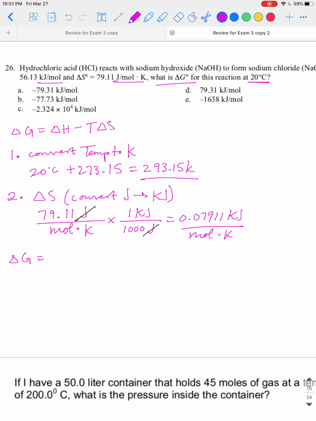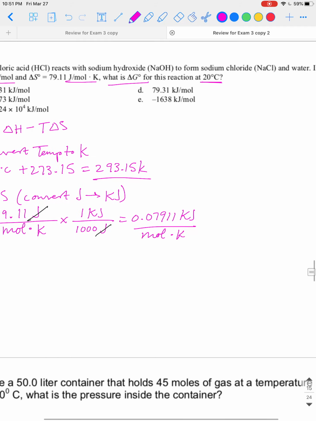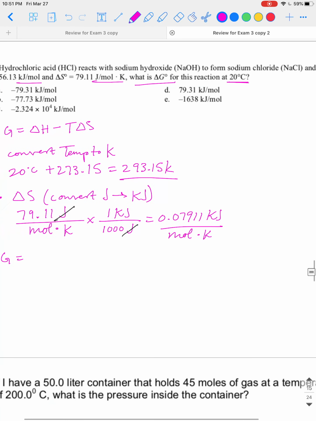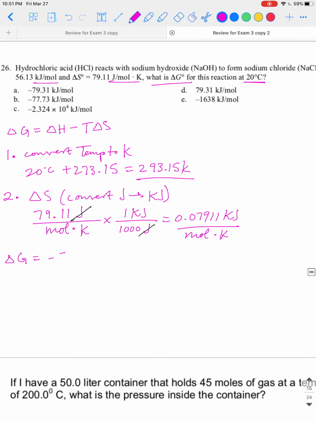So we come down here, we say delta G equals delta H, which is, don't forget there was a negative, so negative 56.13. Write all the units, please, kilojoules per mole. Minus, and I put this in brackets, temperature times delta S. So temperature is 293.15 Kelvin.